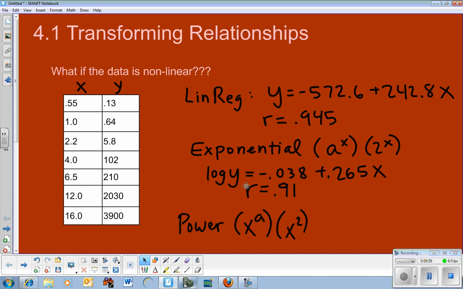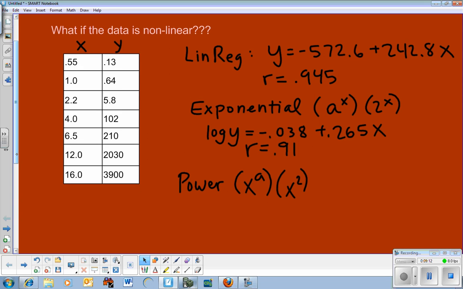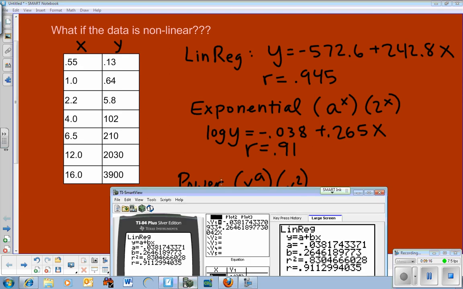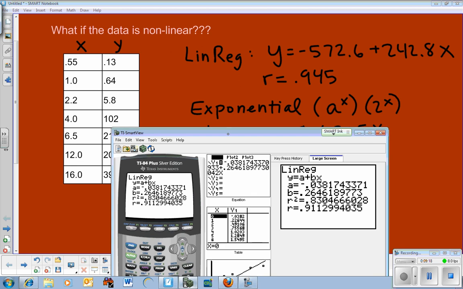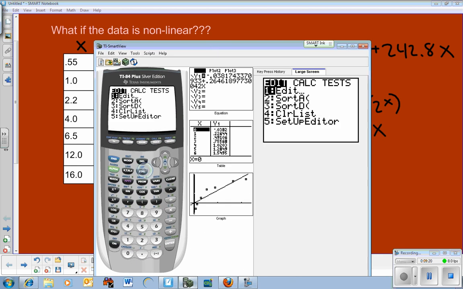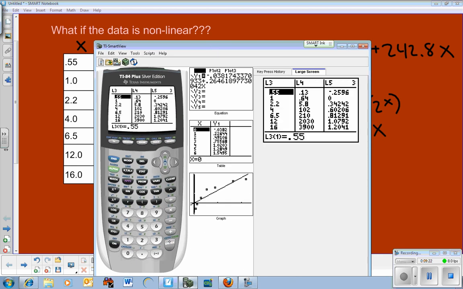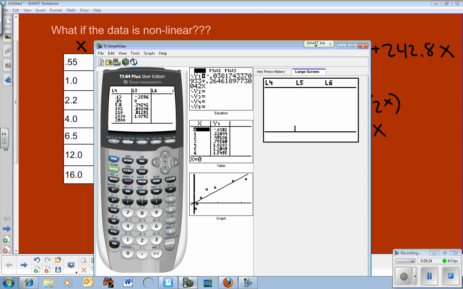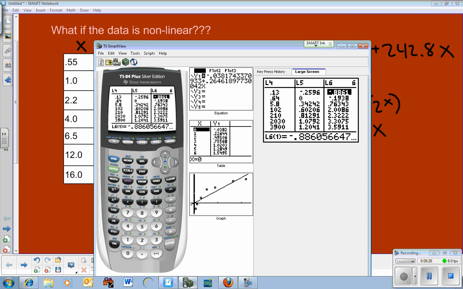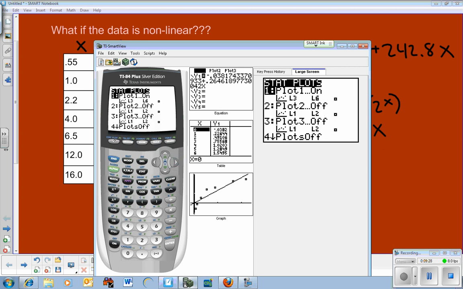So let's talk about how to do power. The power model is log x versus log y. Back in my lists, my log x and log y are list 5 and list 6. So let's start with making a graph of list 5 versus list 6. Let's just see what it looks like first.